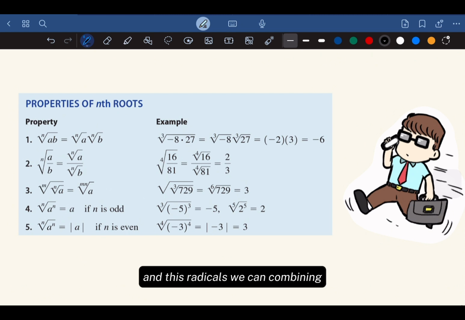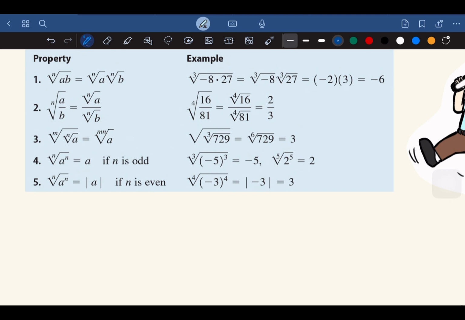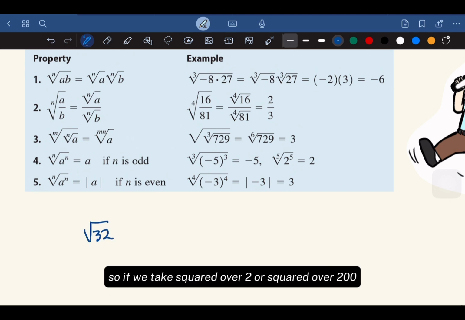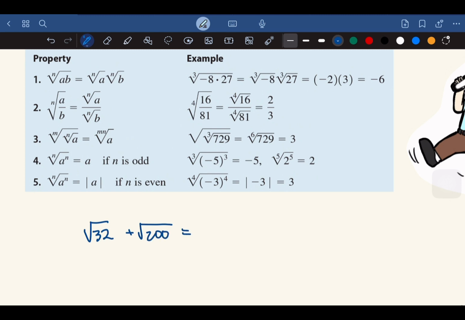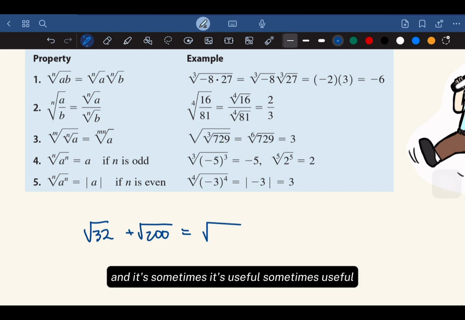And these radicals we can combine. So if we take square root of 32 plus square root of 200, we could take this, and sometimes it's useful.